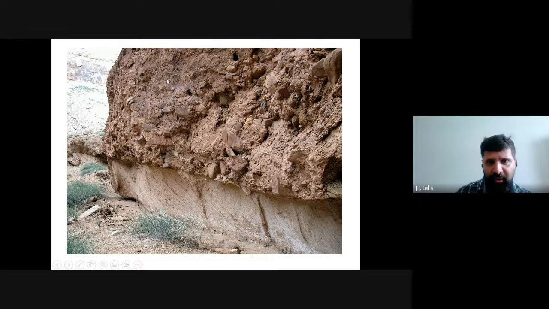And here we have a lot of different materials, coarse materials that probably are related to more rapid deposition, and here calm and finer deposition.